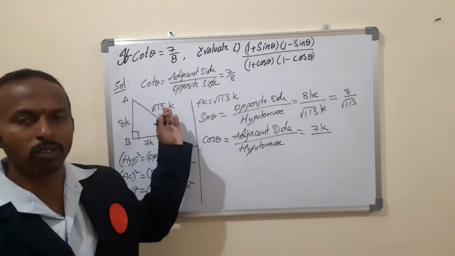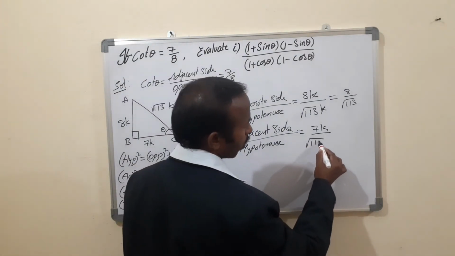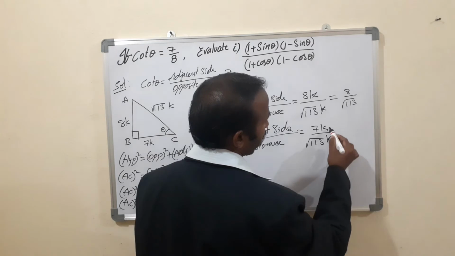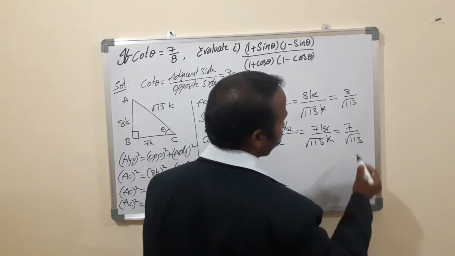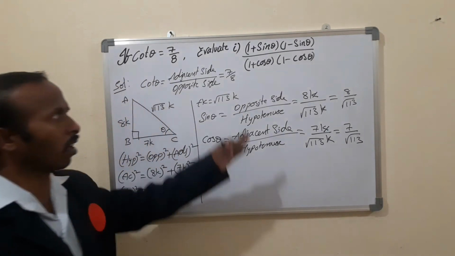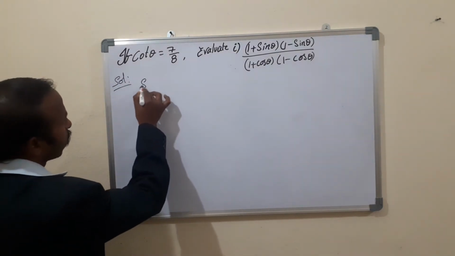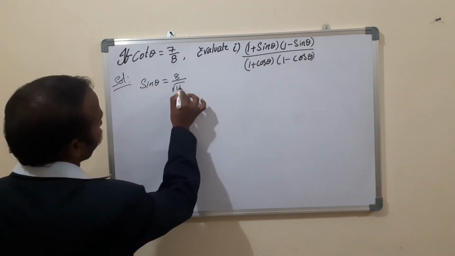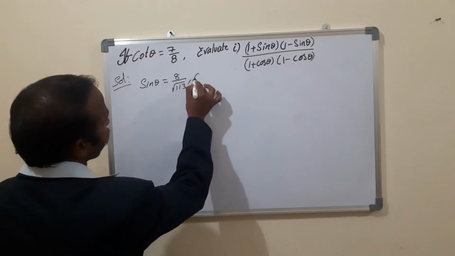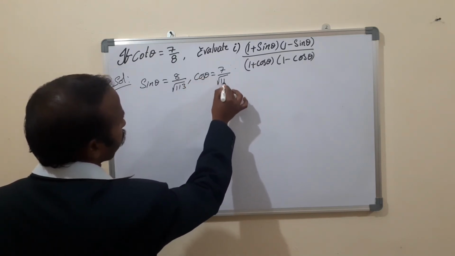Hypotenuse is how much? Square root of 113k. k gets cancelled. Finally 7 by square root of 113. These values will substitute in the question. And finally we got sin theta equal to 8 by square root of 113, comma, cos theta we got 7 by square root of 113.